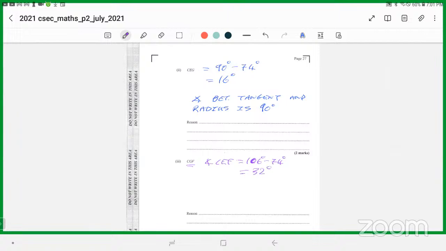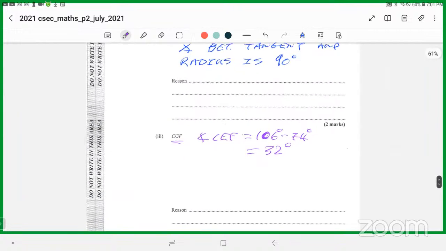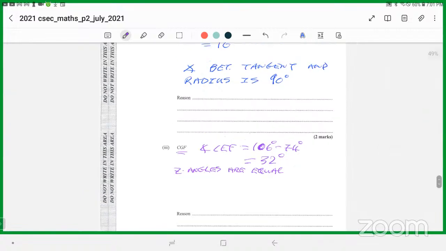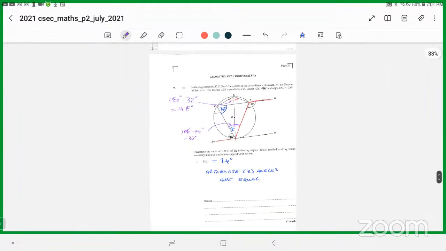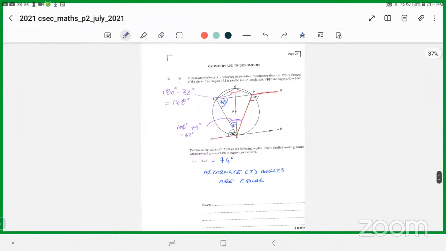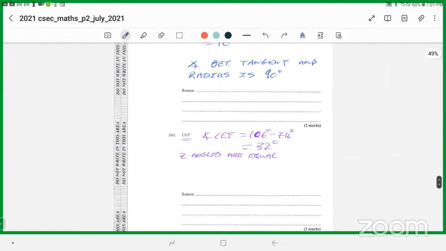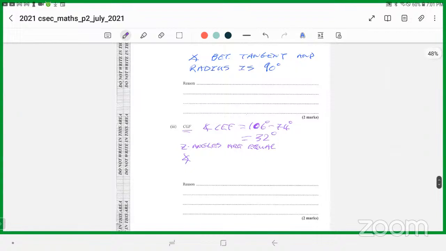And that's because Z angles are equal. And then the angle that we want up here, angle CGF, becomes 180 minus 32, which is 148 degrees.